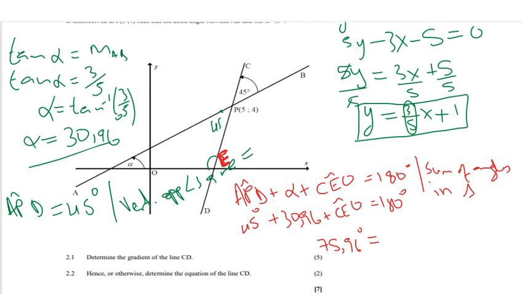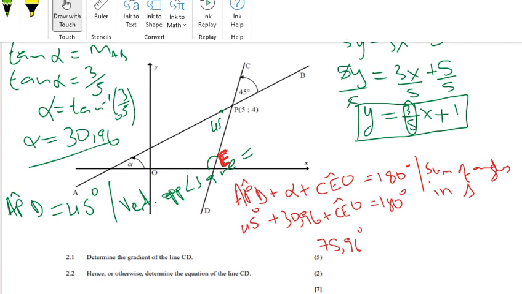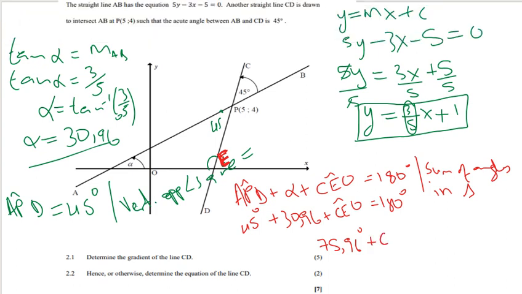Forgive me about that, let me erase this equal sign, there's no need for that now. Plus CEO is equal to 180 degrees.